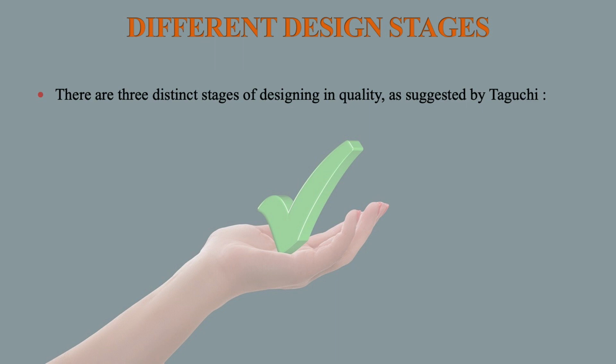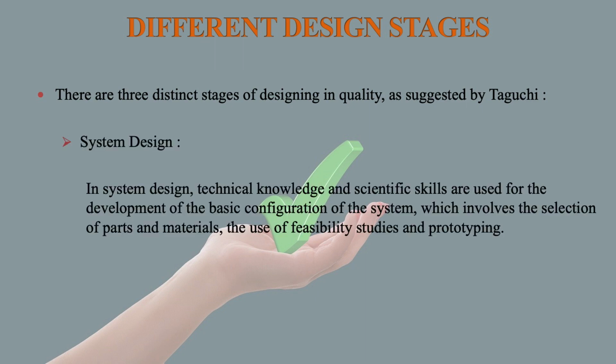Different design stages. There are three distinct stages of designing in quality as suggested by Taguchi. One is system design. In system design, technical knowledge and scientific skills are used for the development of the basic configuration of the system, which involves the selection of parts and materials, the use of feasibility studies and prototyping.